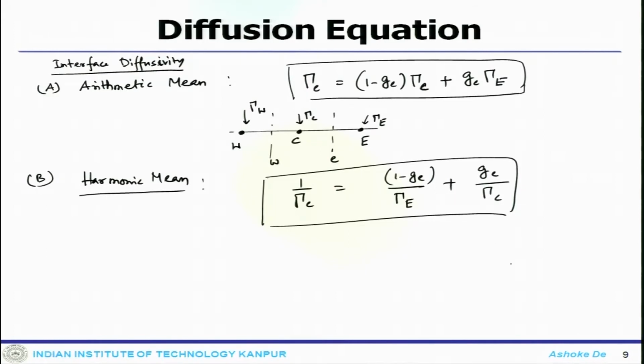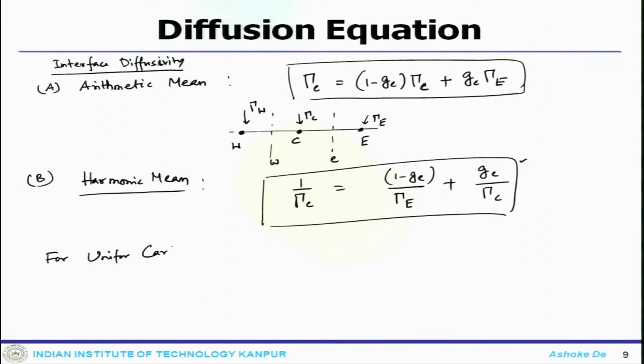But if there is a non-homogeneity and along with that the changes of the diffusivity is very sharp or abrupt across these cell interfaces, then one may choose to use this harmonic mean.